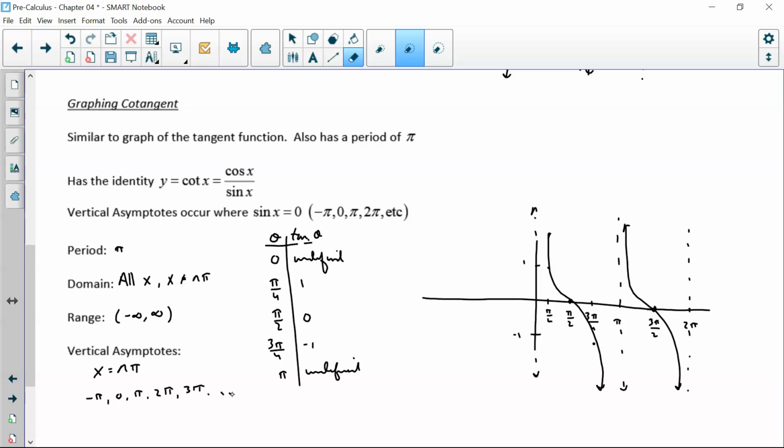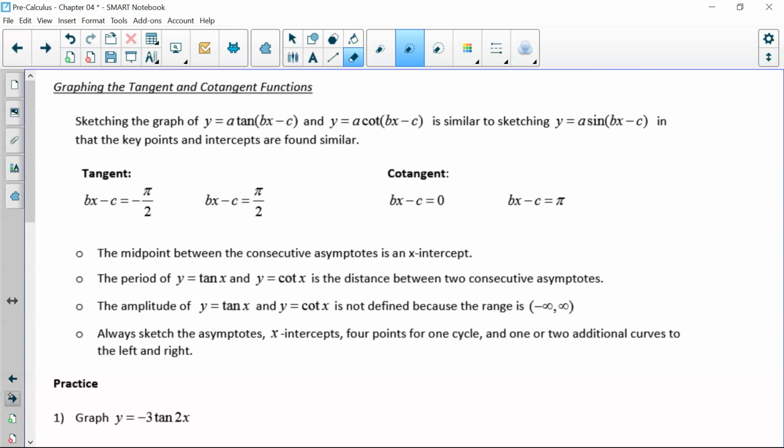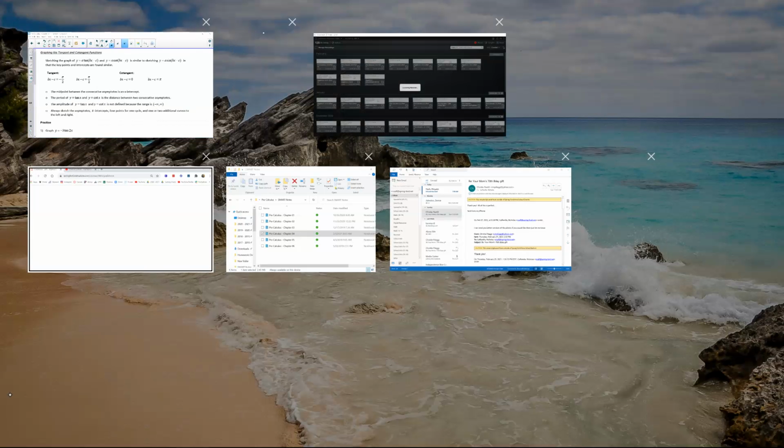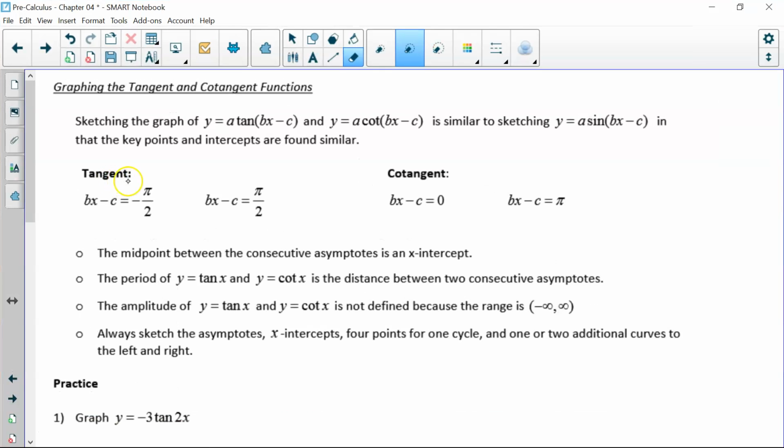That's the parent function. Now, next, we're going to look at some different ways to graph these and some different things that happen with them. Graphing these is very similar to before. What we want to do for tangent, now unfortunately we have two different rules here. For tangent, you want to set what's in the parentheses, the bx minus c, equal to negative pi over 2 and positive pi over 2.